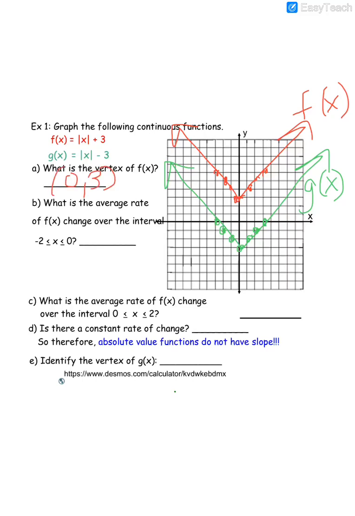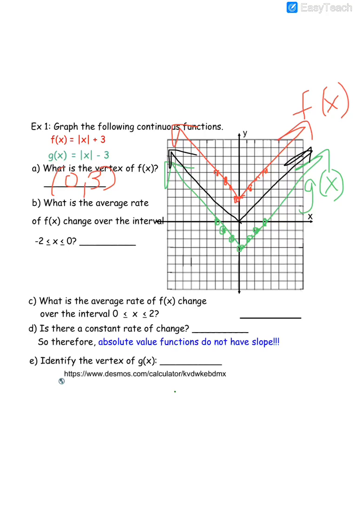While I'm thinking about it, though, let's take a look at the green function over here. The vertex here, inside lies, there's nothing here, it's 0. Outside tells the truth, 0, negative 3. There it is. You can also think about a slide for a minute. The parent function runs right through the origin. I'm going to draw the parent function in black. This would be the parent function that we drew on the prior page. Does that make sense?